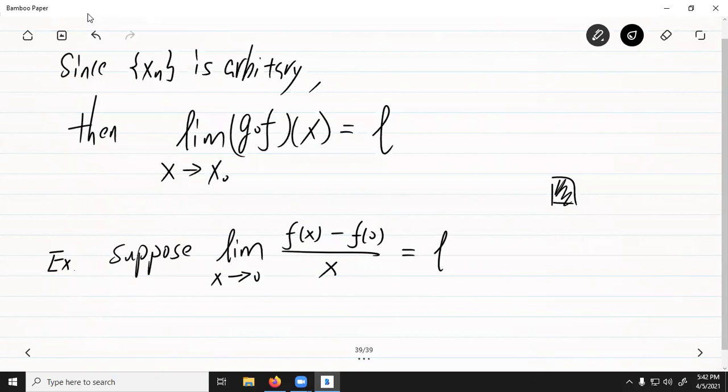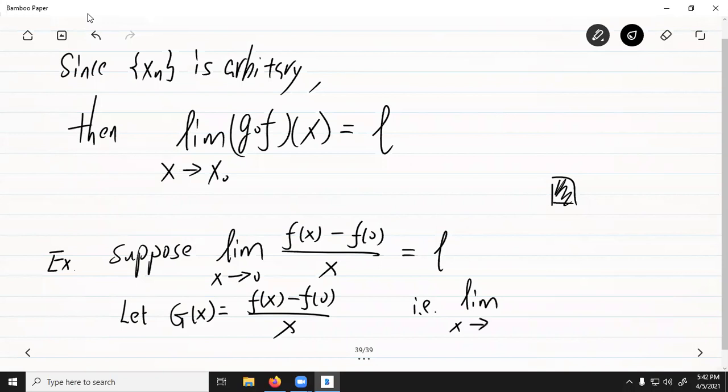Then if we let g of x be equal to this, in other words, the limit as x approaches 0 of g of x would be equal to L. Right, this is what we have.